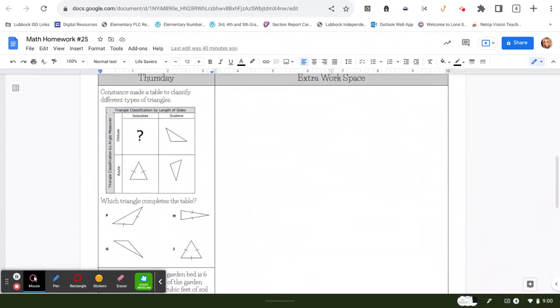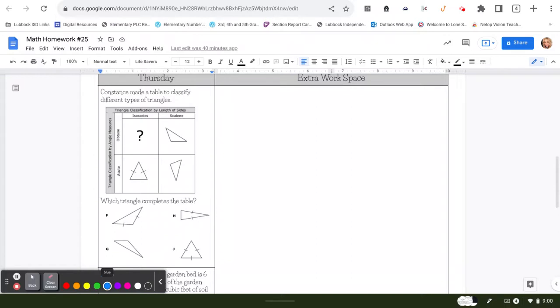Okay. Thursday only has 2 problems, so let's take a look. Constance made a table to classify different types of triangles. So I see it says triangle classification by length of sides, and it says isosceles and scalene. Remember, isosceles has 2 sides the same, scalene, all the sides are different.